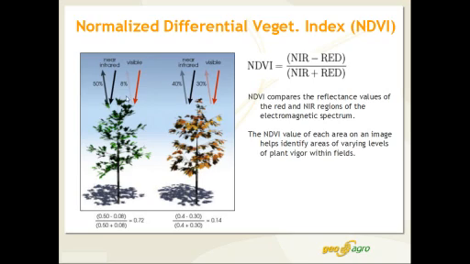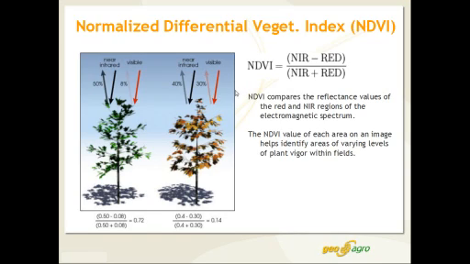So you have here a case of a healthy plant and a plant that's in the fall season or has stress, where you see that the near infrared that measures biomass has a higher degree of reflectance, and the visible wavebands, remember the blue and the red bands, are absorbed by the plant, whereas in a crop with stress this is not as much absorbed by the plant, it's more reflected.